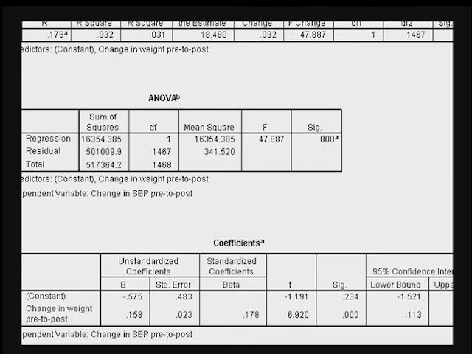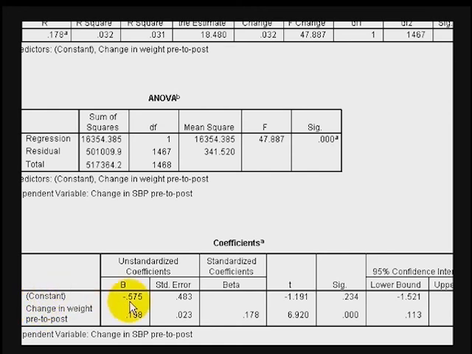Now I'm going to have to move this around a little bit, but let's take a look at our regression coefficient table. And so what do we see here? We see the unstandardized coefficient for this variable, weight change pre to post. Now what do we have here? Well, this says constant. In regression parlance, this constant is the same as the intercept.